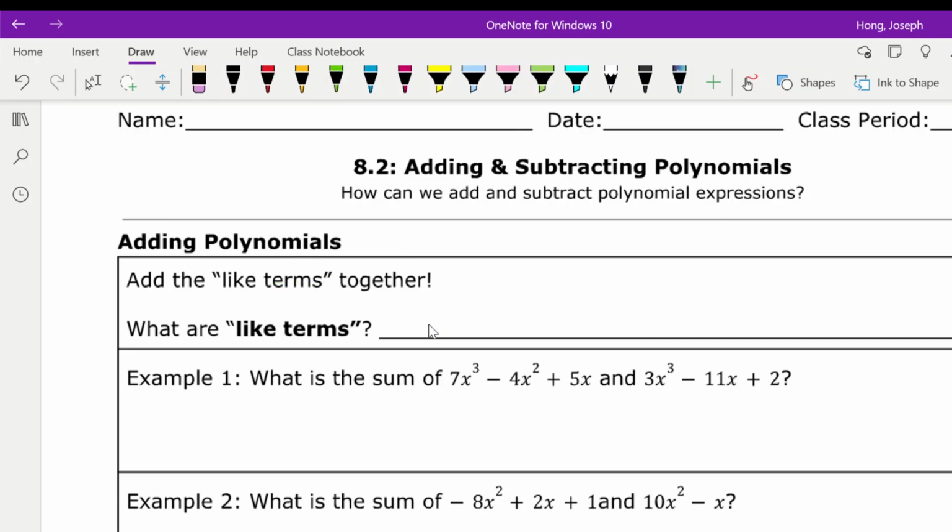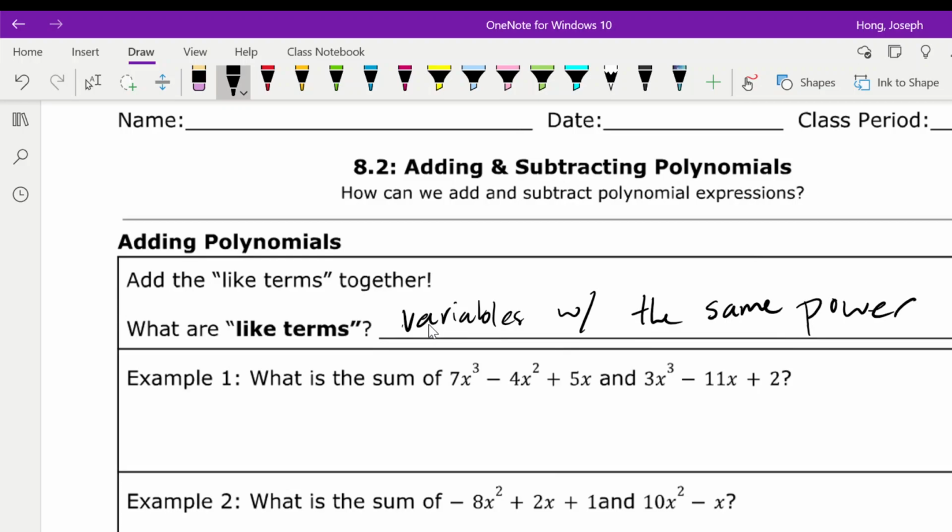The like terms, they are the variables with the same power. And last unit, we talked about exponential. We talked about powers. So that's like these small numbers that are on top of the x. Or I guess anything, but mostly it's going to be for x.